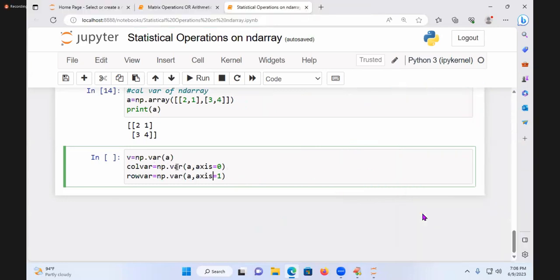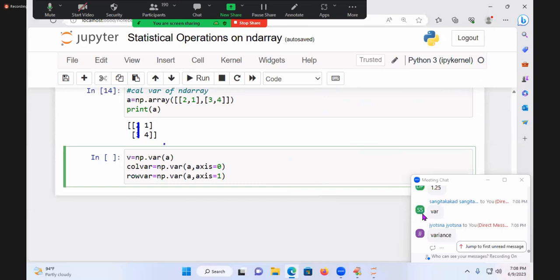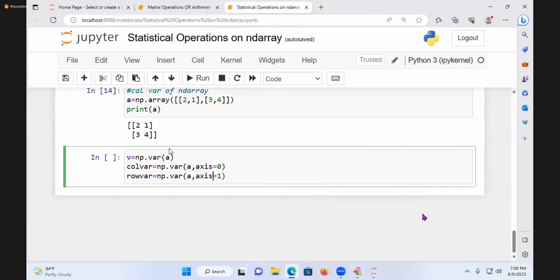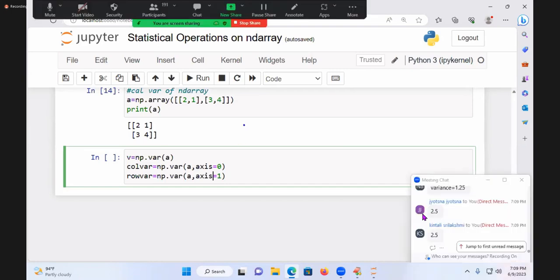Column variance. What is the column variance? Same. 2, 3. 2 plus 3, first mean find out. How much? 5 by 2, what is that? 2.5. 2 minus 2.5, 0.5, 0.5 whole square, 0.25. Plus 3 minus 2.5 whole square, 0.5, 0.5 whole square, 0.25.